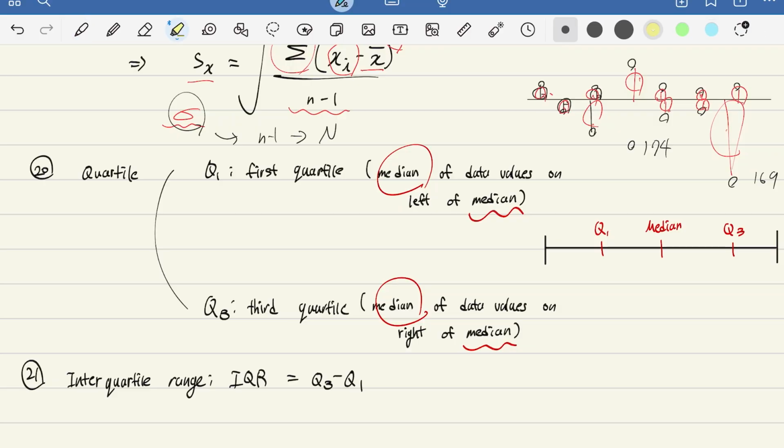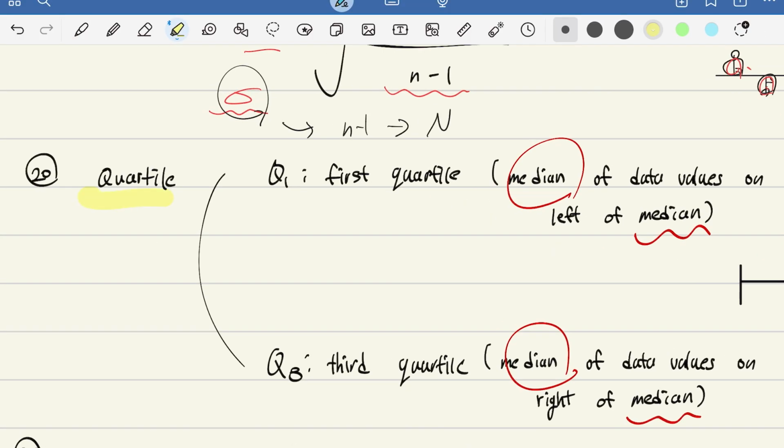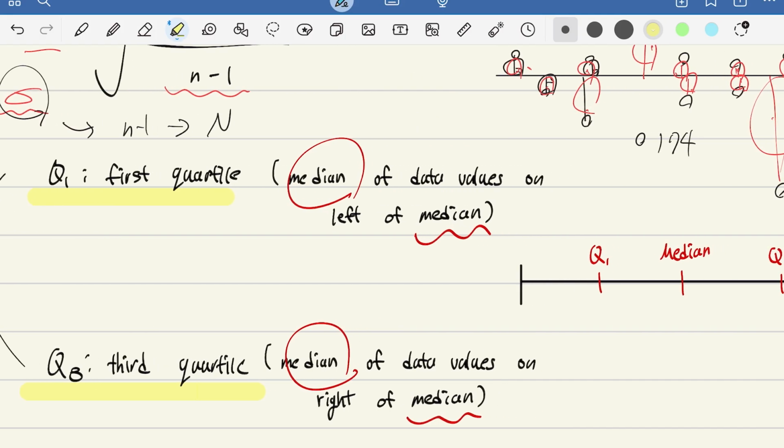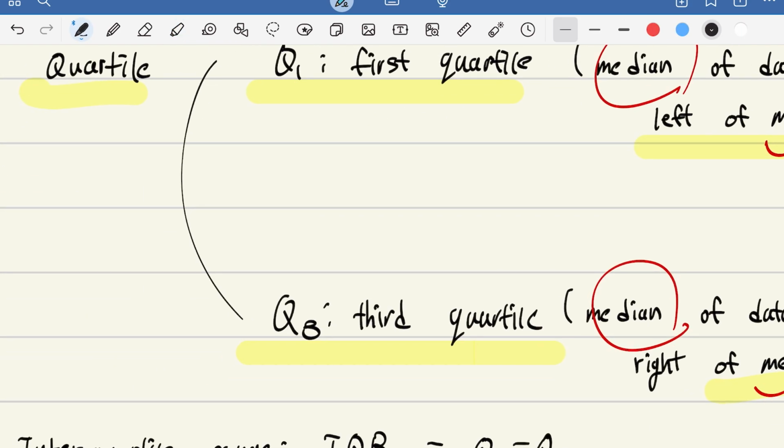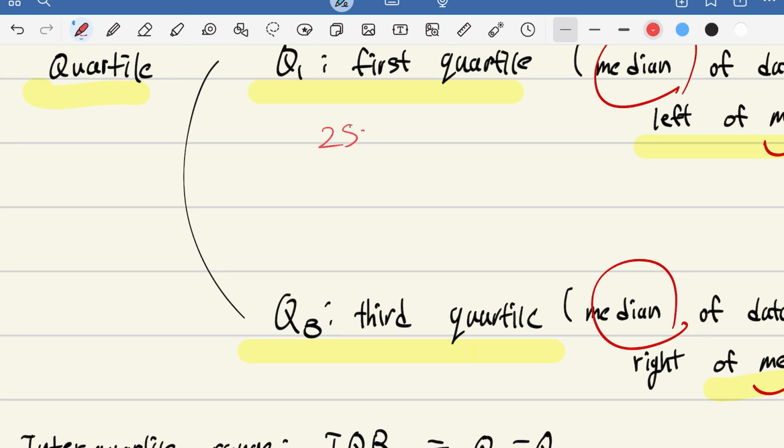The next one we'll be learning about is the quartiles: Q1, the first quartile, and Q3, the third quartile. The first quartile is the median of the data values to the left of the median. The third quartile is the median of the data values to the right of the median. Q1 is the 25% point of the data, and Q3 is the 75% point.